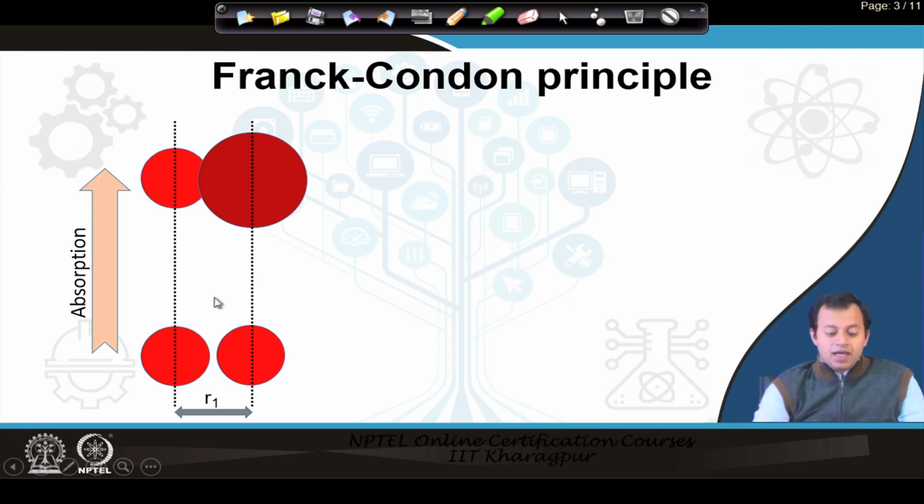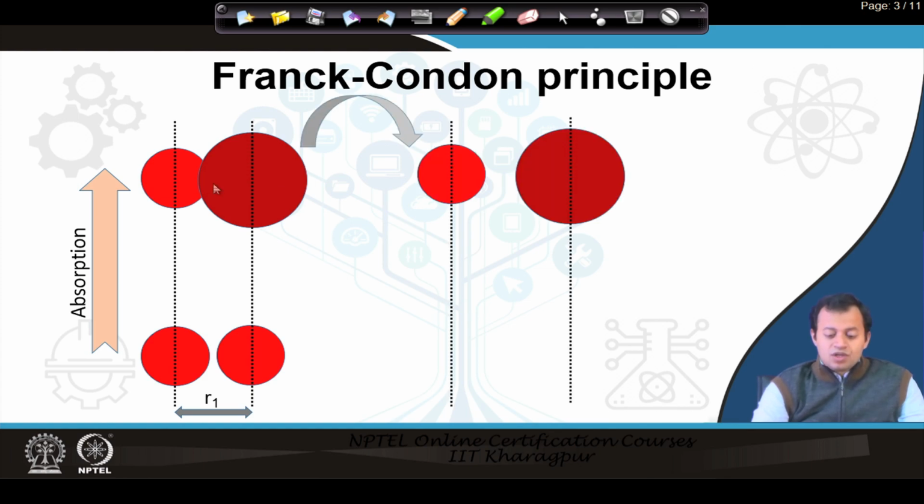So, what will happen if two electrons, since it is hydrogen there are two electrons, are overlapping one another? There will be a force of repulsion between them, resulting in some kind of separation.